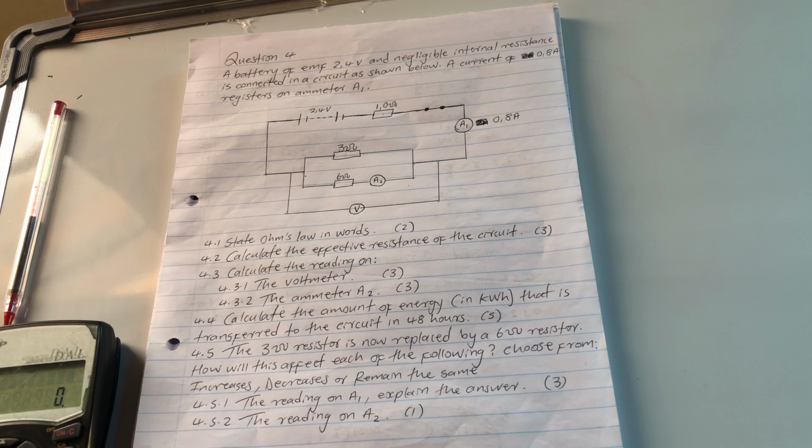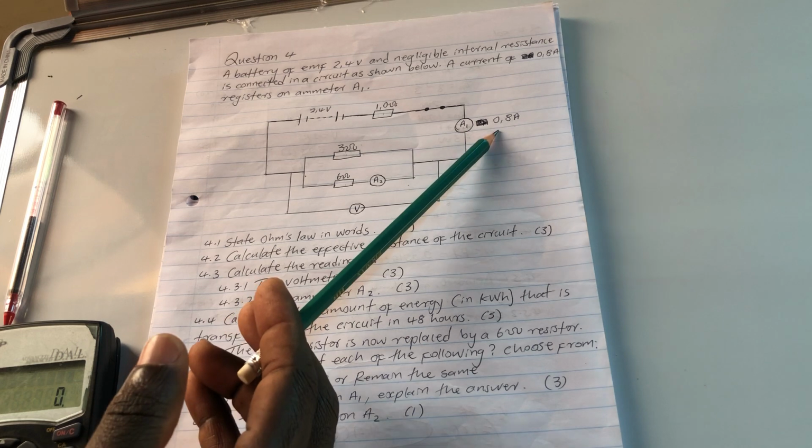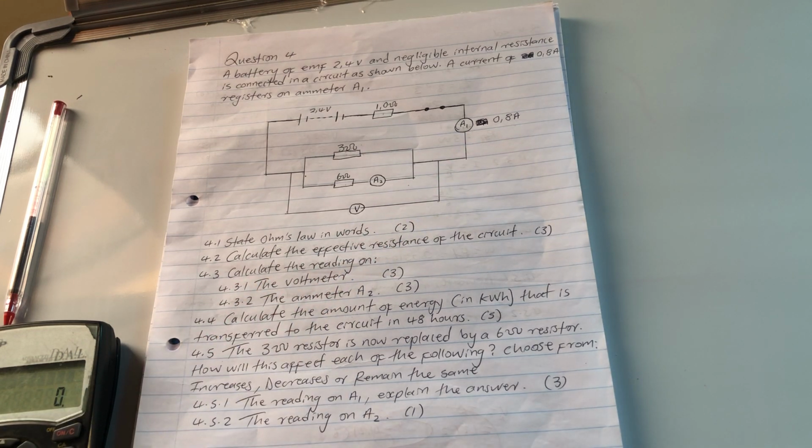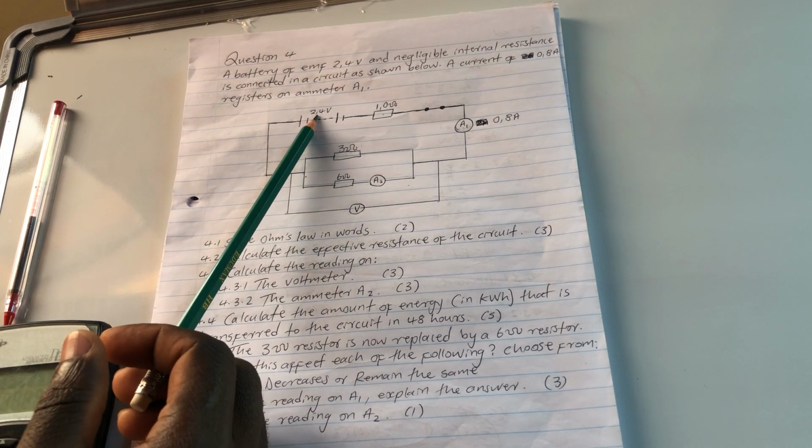Then 4.2, calculate the effective resistance of the circuit. In this one, we are required to calculate the total resistance. So what is it that we already know? We already know that the total current is 0.8 A, and the voltage across the battery is 2.4.